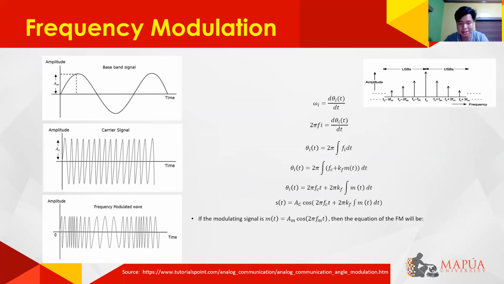As you can see, the wide distances between waves and the shortened distance of the wave indicate the increase in frequency, because the message signal is positive. This is the mathematical expression, and on the right side is the frequency domain of the frequency modulation.